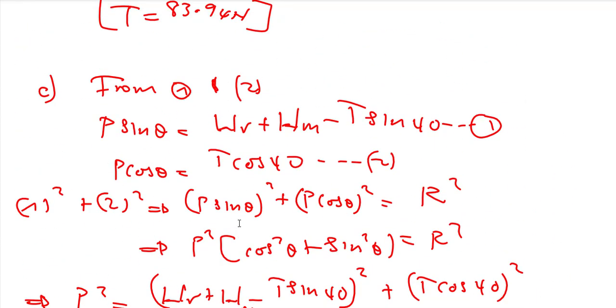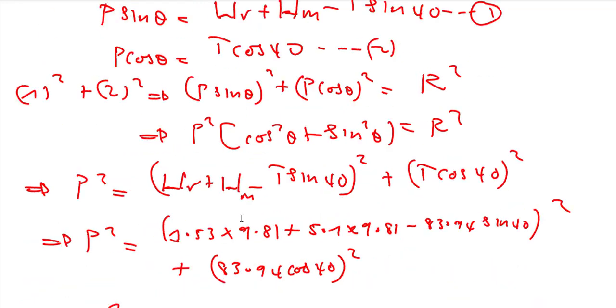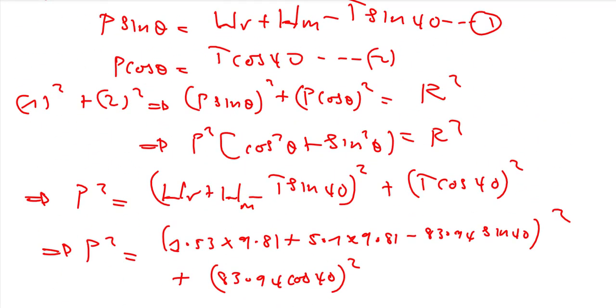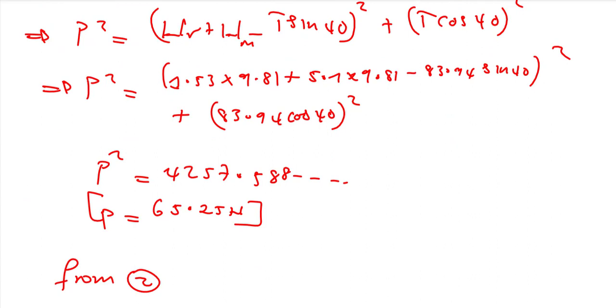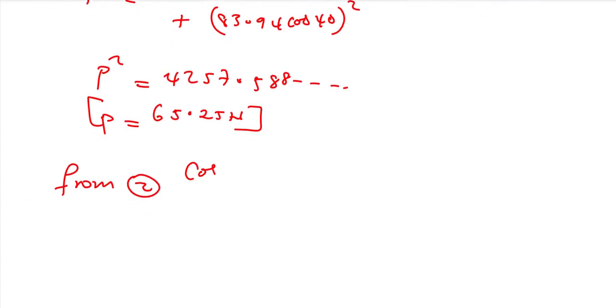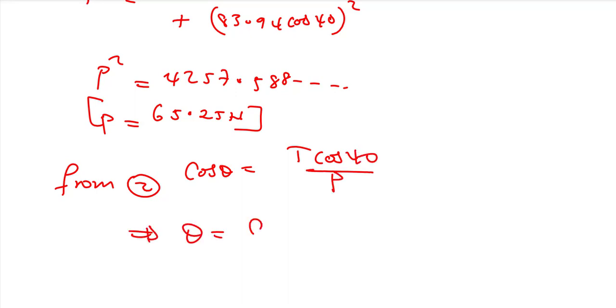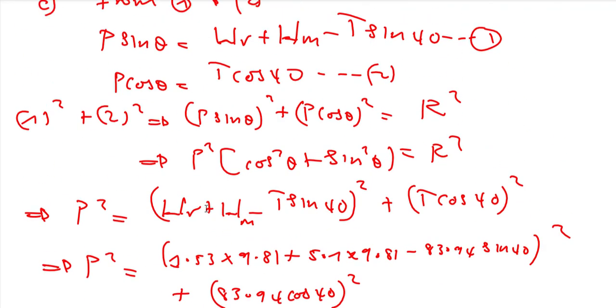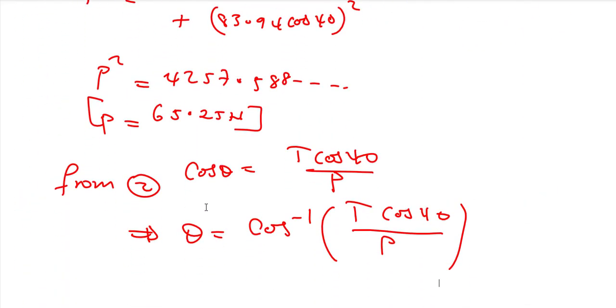Now we have the value of P, we can find the value of theta. From equation 2, cos theta will be equal to T cos 40 divided by P. So theta will be cos inverse of T cos 40 over P. Remember, our tension was 83.94.